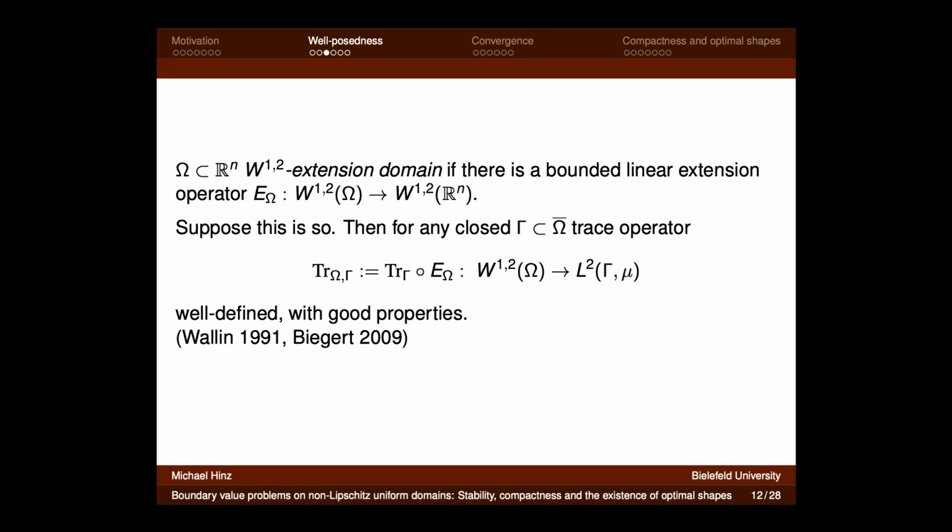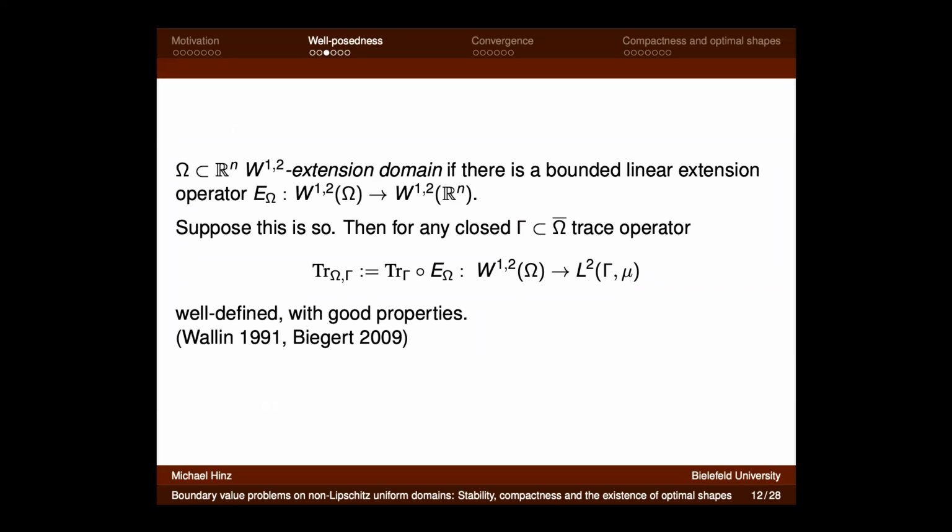Okay, so now this is just about the trace and the boundary, but we also need some control about the domain itself. What we will assume, for instance to prove well-posedness and to have nice access to traces on the boundary, is that omega is a W12 extension domain. This means if I look at the Sobolev space W12 on omega, then I can always find an extension of any function to a Sobolev function in W12(R^n), by a nice bounded linear extension operator.